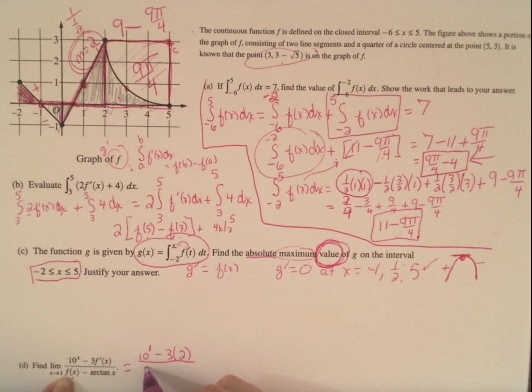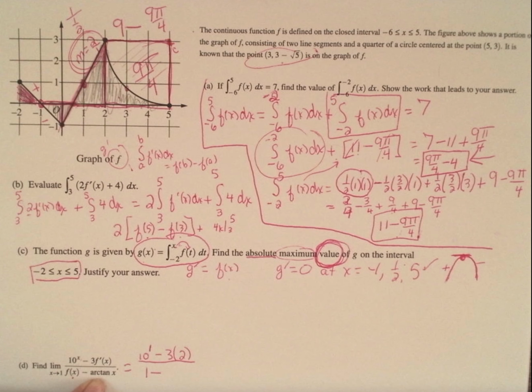So f of 1 is 1 minus the arctangent of 1. The arctangent of 1 means at what angle does the tangent equal 1? That's pi over 4. That should be memorized. The tangent of pi over 4 is 1 because sine and cosine are equal at pi over 4, and tangent is sine divided by cosine.